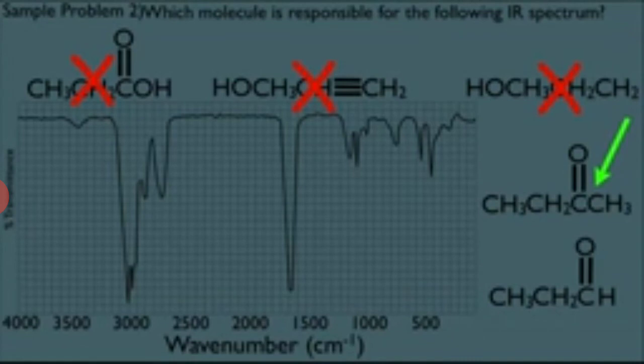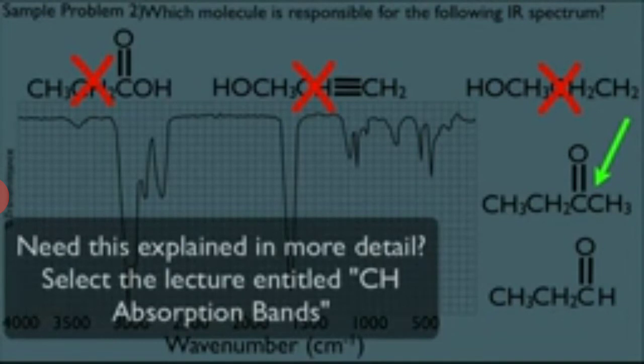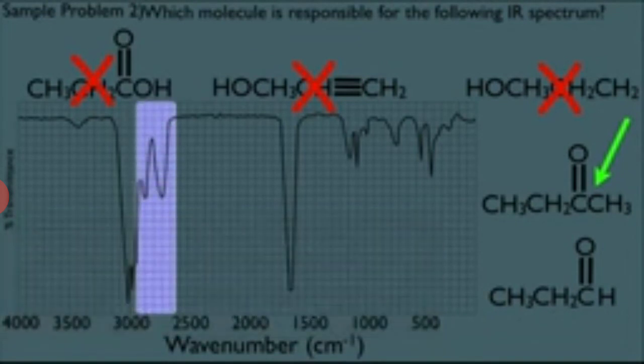Now if you look here, in the ketone you have the carbonyl group attached to a methyl, and in the case of aldehyde you have a directly attached CH, so you can observe two CH stretching bands in this region, between 2600 to 2800, and this is a peculiar characteristic feature of aldehyde.